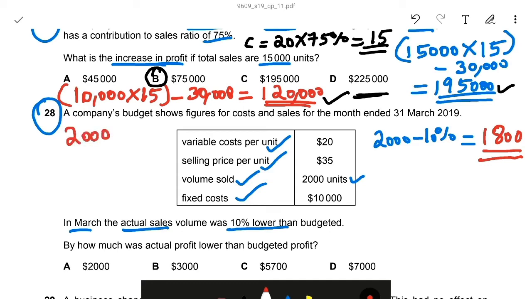So, first we can calculate the budgeted profit, then actual profit. Then the difference will be the lower or increase in the budgeted profit. It's already given lower, because the unit also decreased from 2000 to 1800. So, first we calculate the budgeted profit.